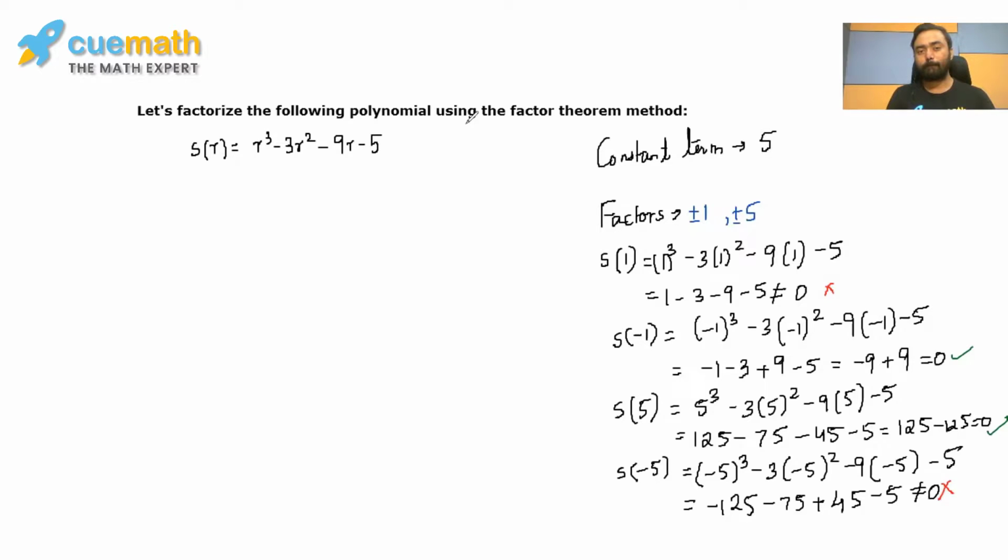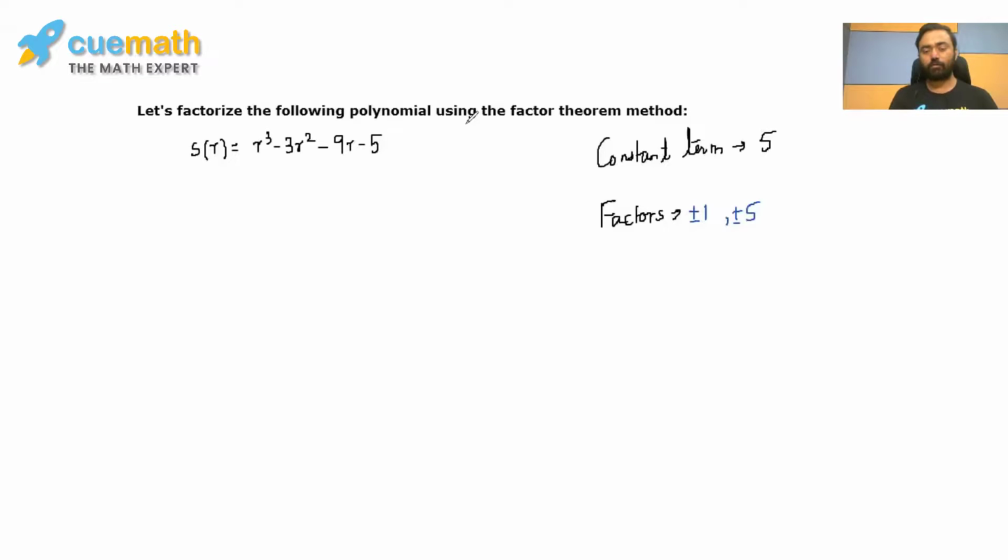So from here we can say that alpha equals negative 1 and beta equals 5. Now these are the 2 roots we have got.